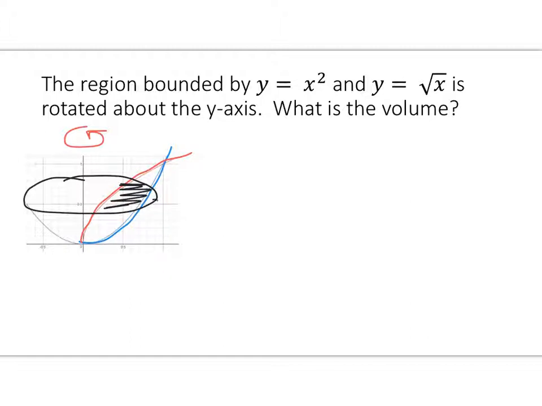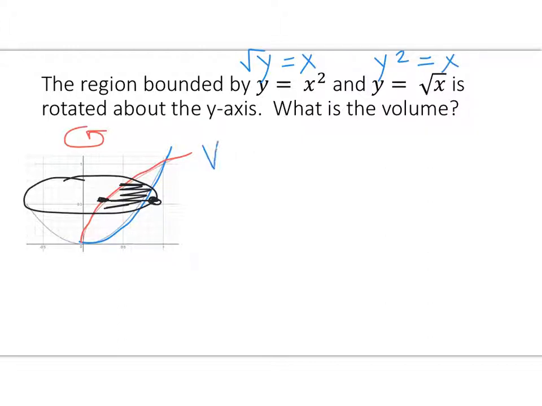So I have this outer radius to get to the inner radius. That's the radius of what this shape is going to be. So remember, I need these in terms of y, not in terms of x, because I have to differentiate with respect to y. So here I'm going to say the square root of y is equal to x, and over here I'm going to say y squared equals x.